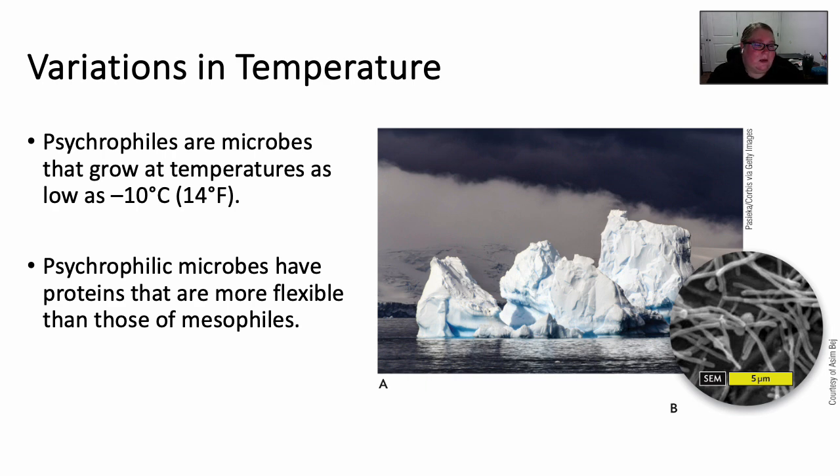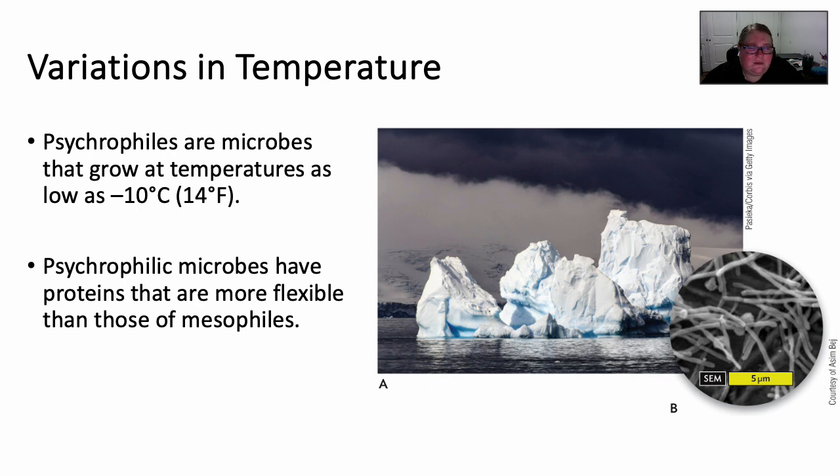One of the ways that psychrophilic microbes have evolved to survive in cold temperatures is this: normally, organisms that get put in those cold conditions and aren't used to them have cell membranes that get very rigid, so they can't move, and they get very fragile and crack and break because of the cold.